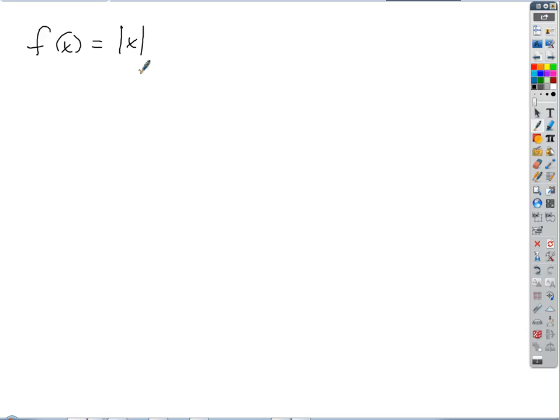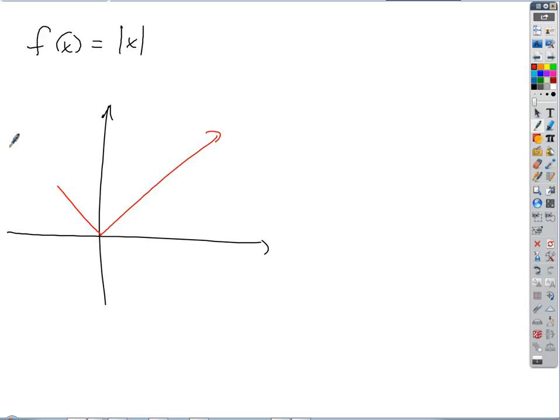And even if we look at the shape of this function, it's just a v, right? What do you think? If I stretch that vertically, what's it going to do to the v? Yeah, it's going to make it kind of taller and skinnier, right? If I compress it horizontally, is it going to look any different?